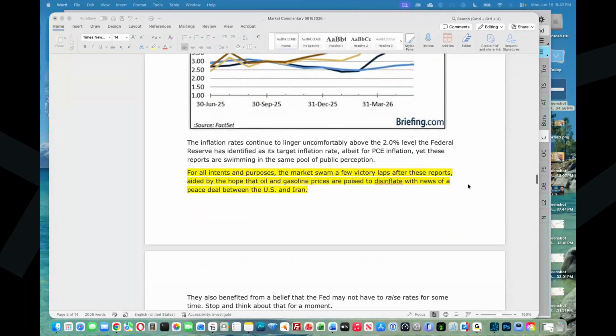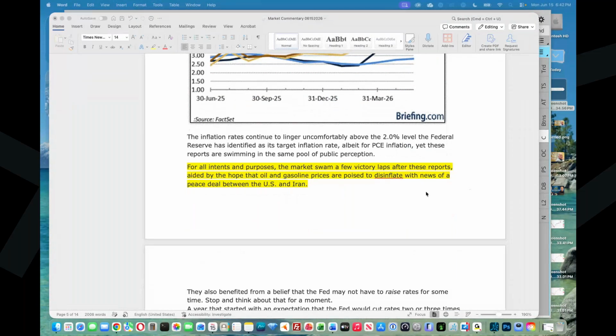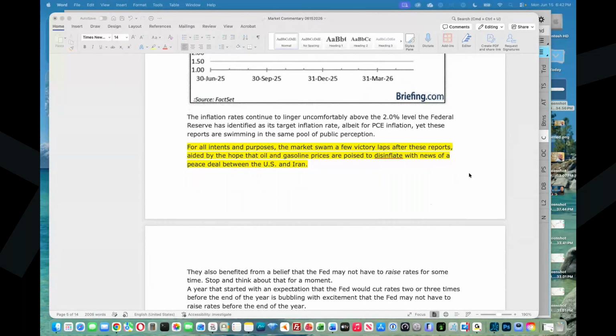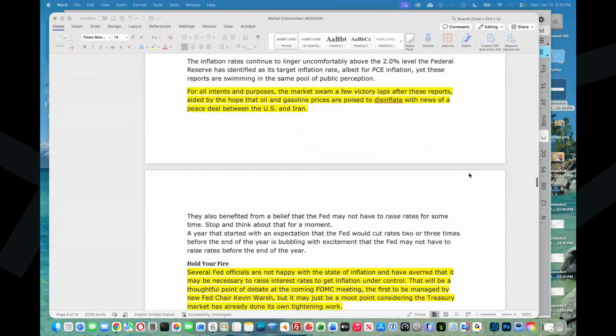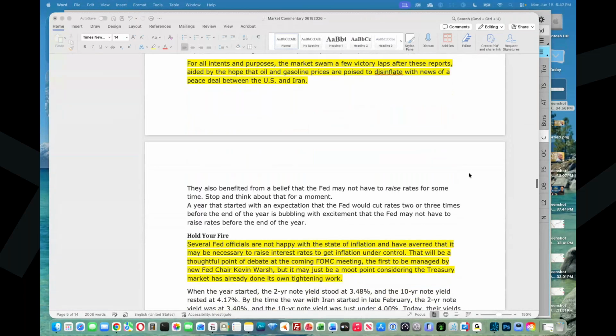The market has swum a few victory laps over these last few reports, aided by the hope that oil and gasoline prices are poised to disinflate with the news of a peace deal between the U.S. and Iran. So the Fed governors might be saying, we can afford to wait this time and not change our policy, because those oil prices, the things that have everybody worried, are probably going to be just temporary, and they're coming down in price already.